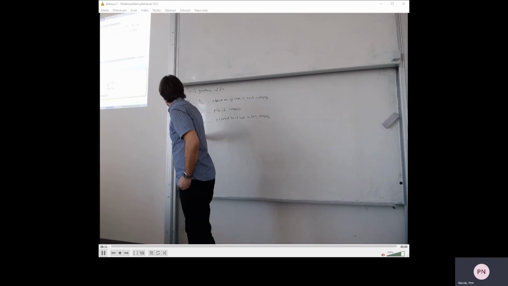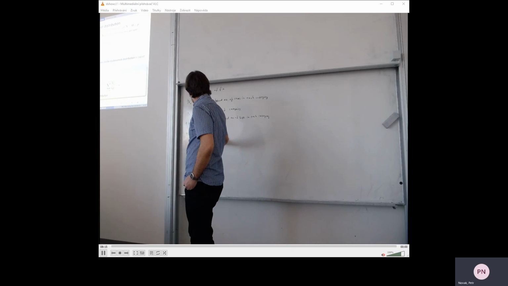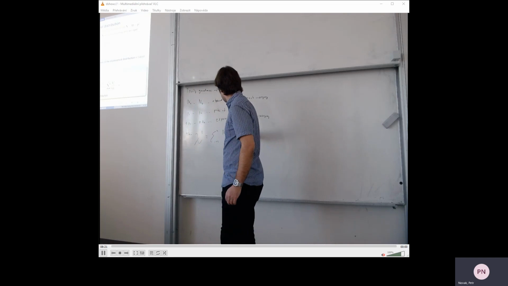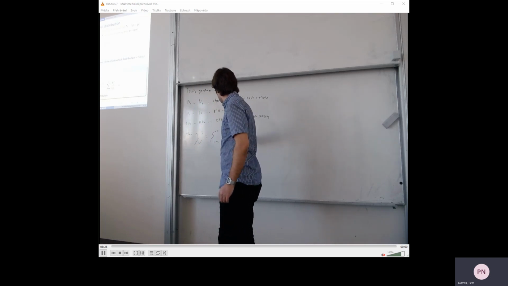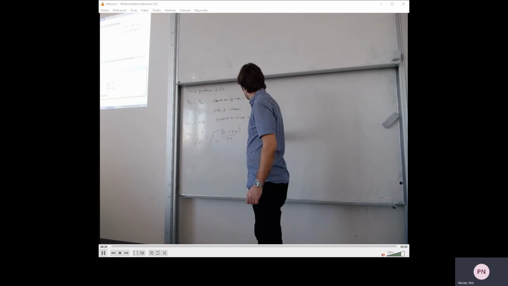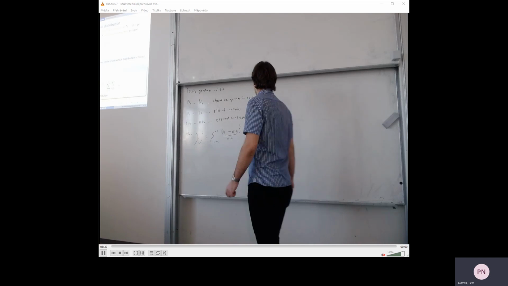Then the chi-square statistic, which is the sum over all categories, i goes from 1 to k, of (ni minus n times pi) squared divided by n times pi, has the chi-square distribution with k minus 1 degrees of freedom.